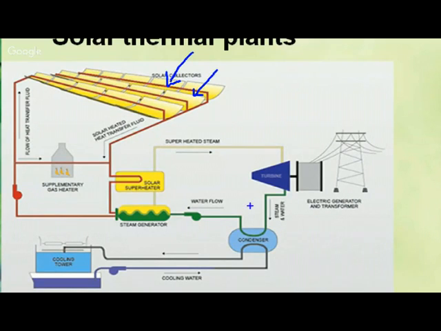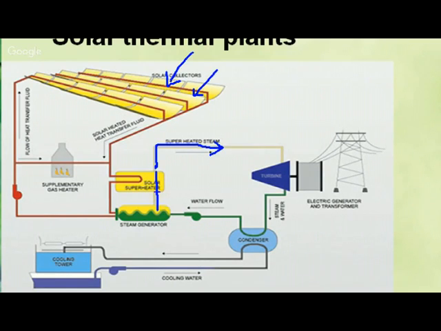Initially water is coming, and this water is pumped through some pumps, and in the steam generator the cold water gets heated up and exchanges the heat, and this steam flows to the turbine. The other water comes here, is again pumped and goes to the collector, and superheating is also done in case extra heat is required. Again they come back, and in the solar superheater they exchange the heat. So this is for superheating purposes.